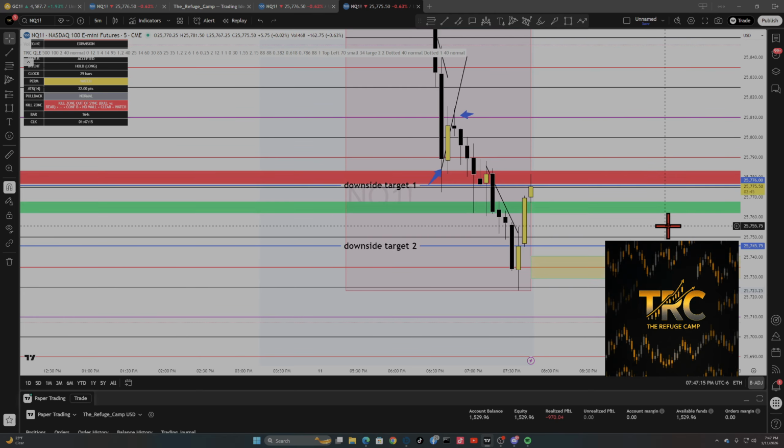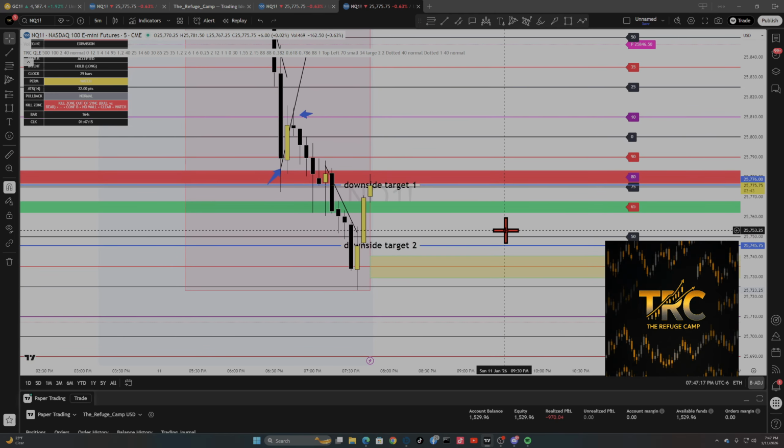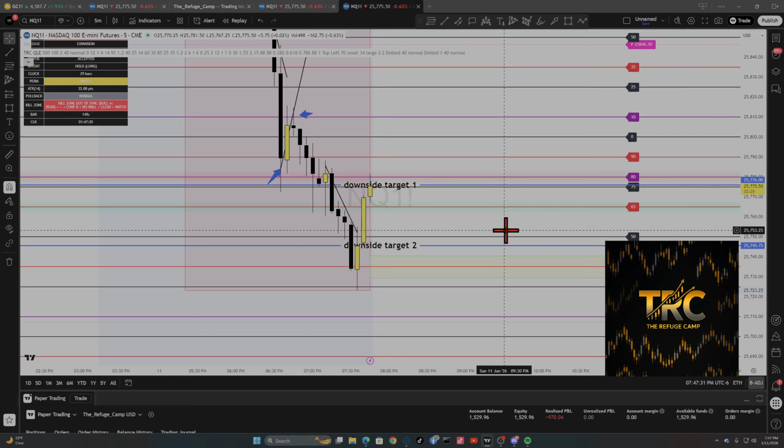Is this specific to NQ or all of them? This is specific to NQ, but you could tailor it to fit any asset you want to trade. Anything that has volatility and volume, like gold, silver, platinum, Tesla, crypto.